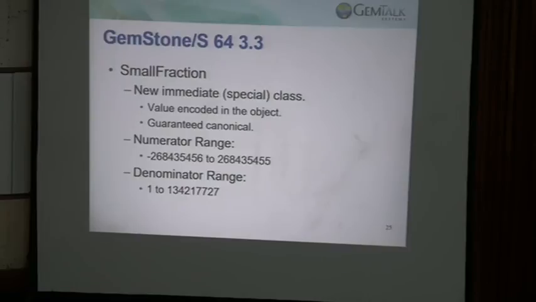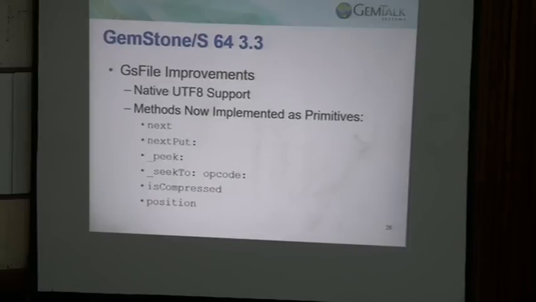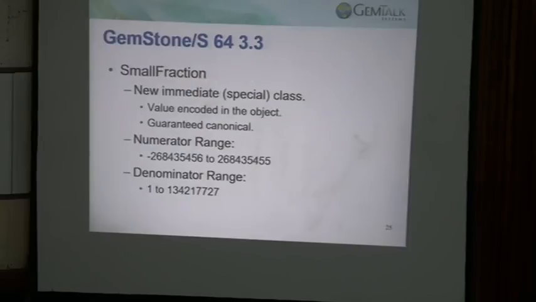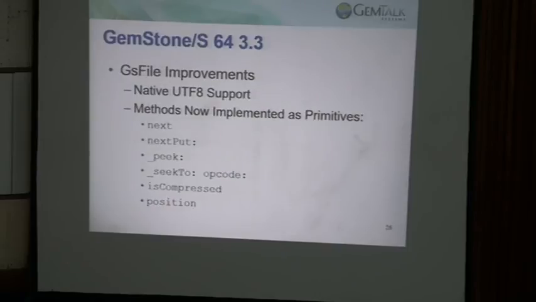So small fractions is now something we've added as an immediate object. This reduces the memory space taken and makes them identical if you do comparisons, as long as they're in a particular numeric range. And then, of course, there's automatic translation to large fractions if you go out of that range. We have small doubles as well that were added as part of the 64-bit work.